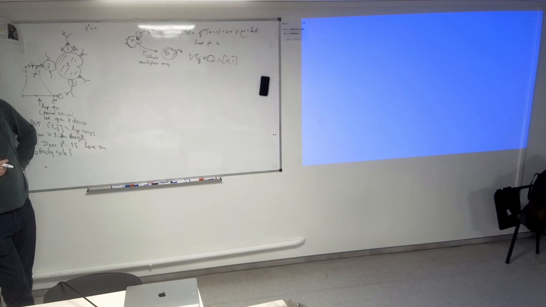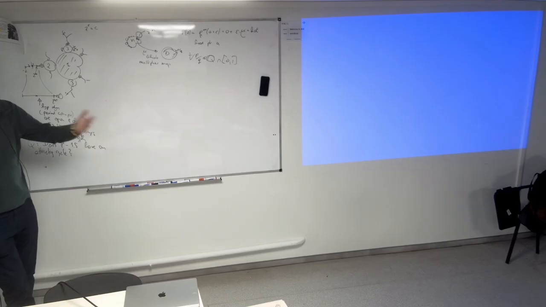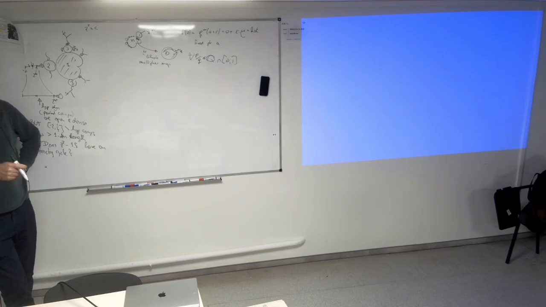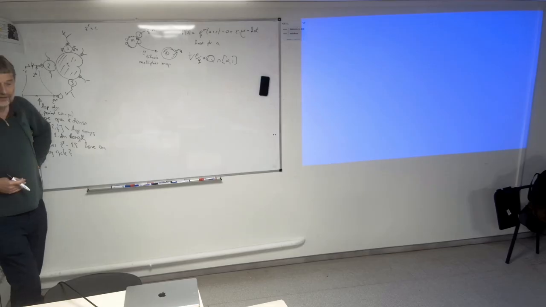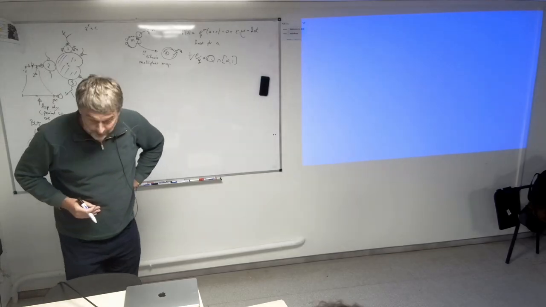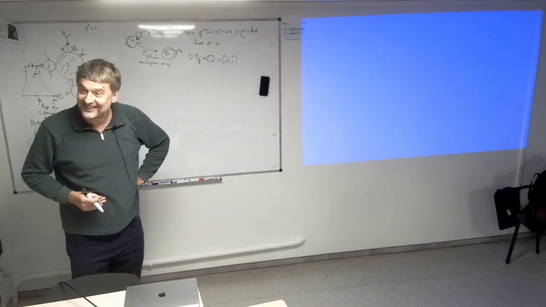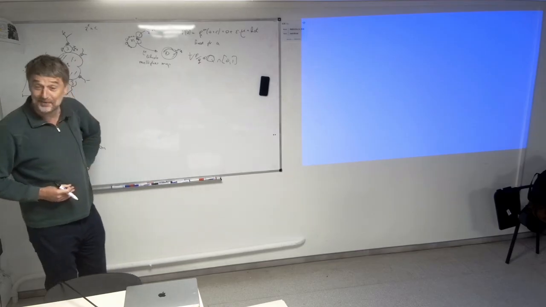Cycle period q times n, which is touching the point. I haven't proved it today, I'm not sure I want to, I'd rather tell you some stories. So it's not something completely obvious.